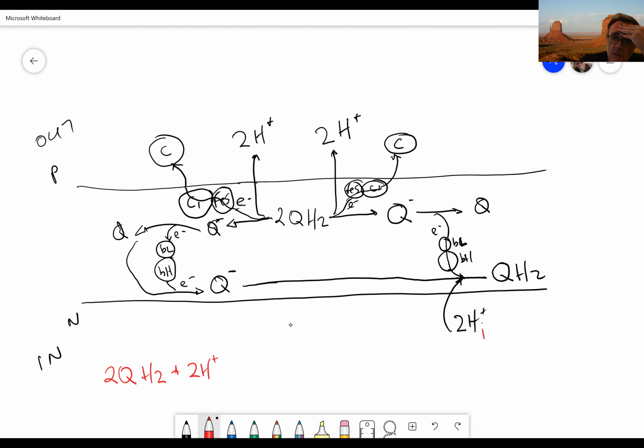Let's call them in and out. Okay, so 2 from in, and this is going to be reduced cytochrome C. So of course it was oxidized.